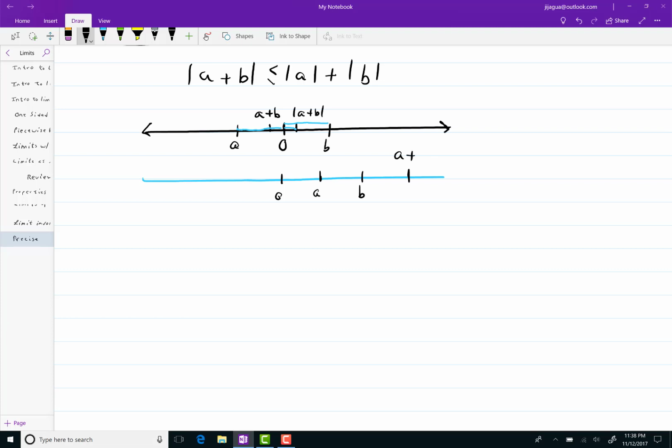This will be a plus b. But since a and b are positive, that's equal to the absolute value of a plus b. And since a and b were positive, a plus b equals the absolute value of a plus the absolute value of b. So we have equality in this case.